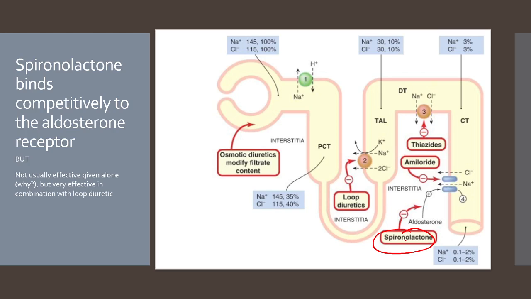It doesn't work very well when it's given alone, and I wonder if you can work out why. The answer is that most water reabsorption occurs before it gets to this part of the nephron, but it is very effective when it's taken in combination with the loop diuretic.